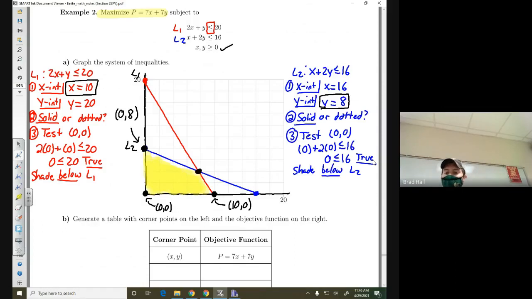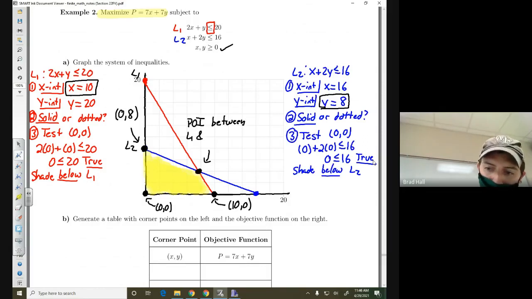Now finally, we need to figure out the point of intersection between the 2 lines, L1 and L2. Again, if you're drawing this on your end, you might not have grid lines available to you so that you can figure out what that point of intersection actually is.